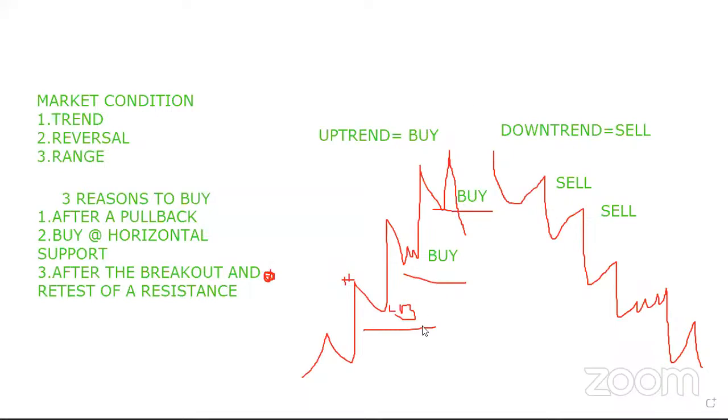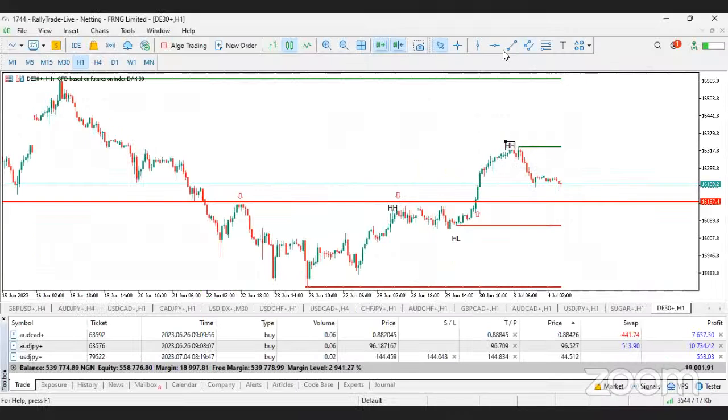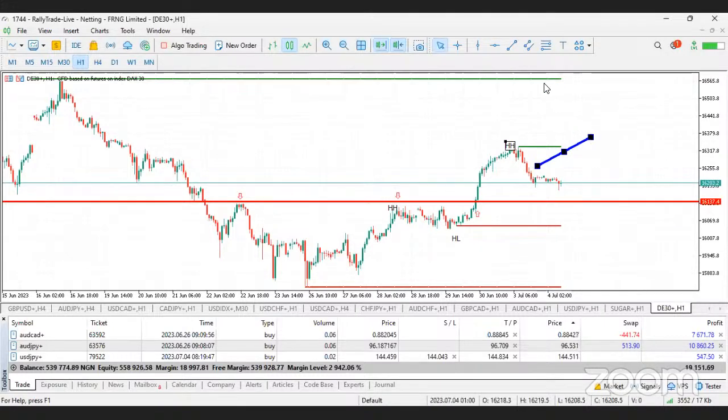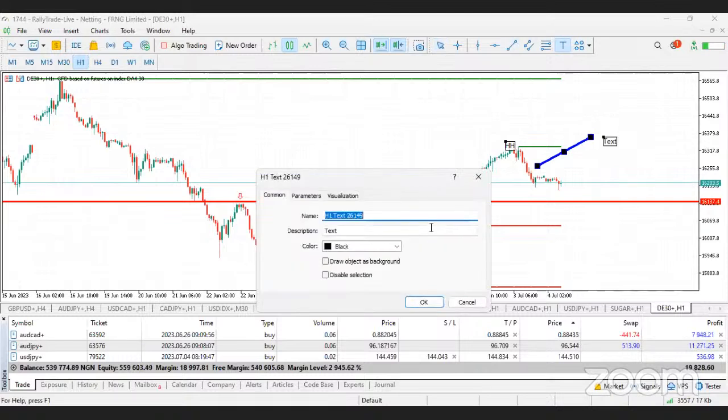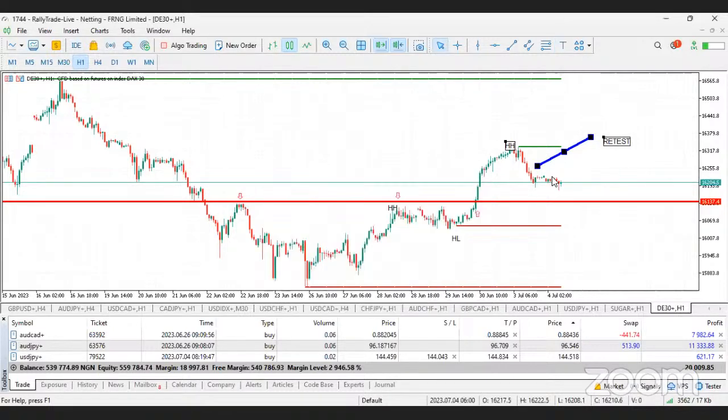So if we look at the chart for DE30, you can see that price has broken out of this resistance. So it means that this is the pullback or retest, as the case may be. This is the retest of that broken resistance. Let me label it retest. So we expect price to retest and then we would buy.